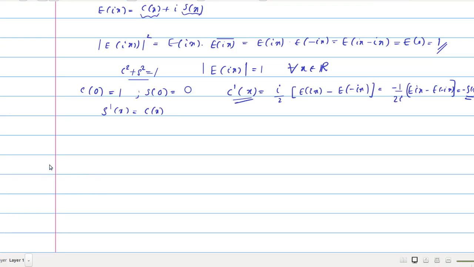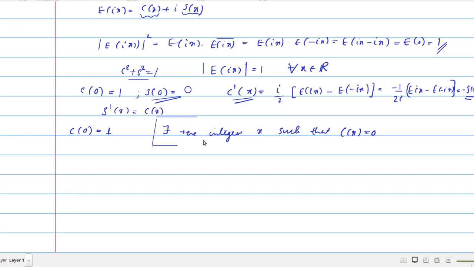We know that s of 0 is equal to 0 and c of 0 is equal to 1, and we assert that there exists a positive number x such that c of x is equal to 0. That means s has a 0, since s of 0 equals 0, and we will assert that c also has a 0.